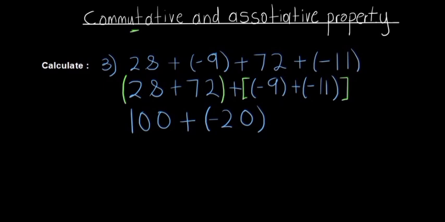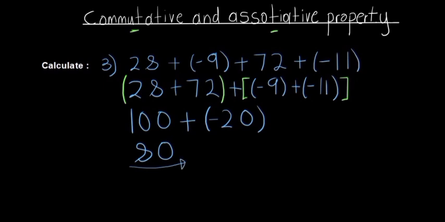So now we've used the associative property of addition because we've used friendly groups to make friendly numbers. So now all we have to do is to add the negative 20 to 100 to get 80. So this is the final answer.